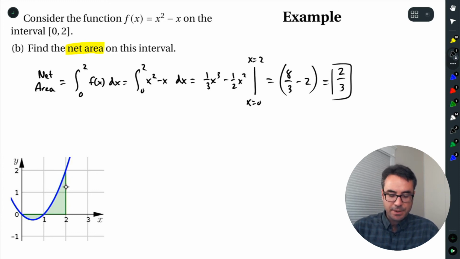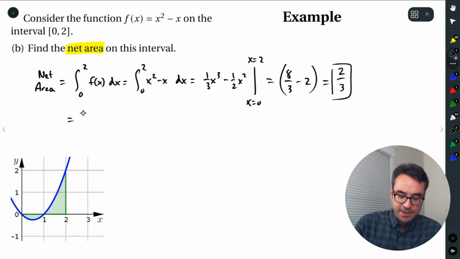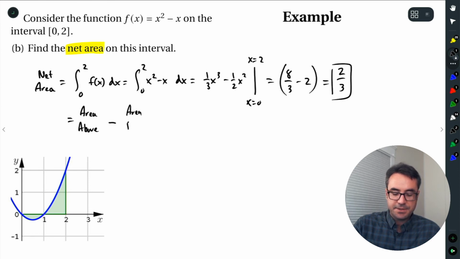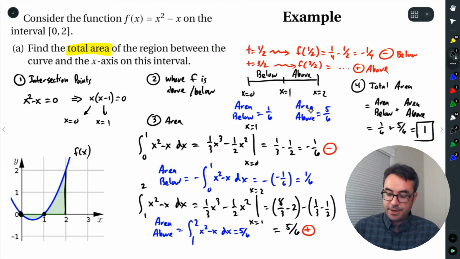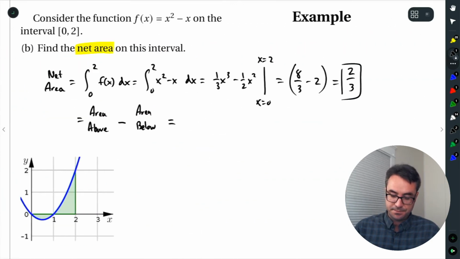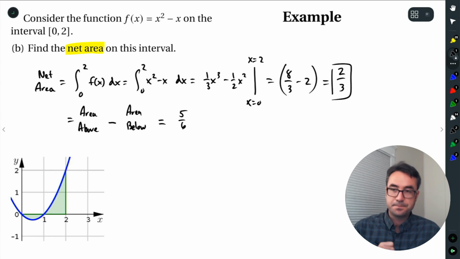And so really what this represents, another way to calculate this, is the area above the x-axis minus the area that sits below the x-axis. So what was the area for this region that was above? We found that before. The area above was 5/6. What was the area that was below the x-axis?